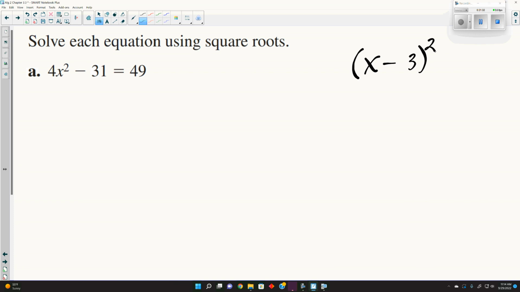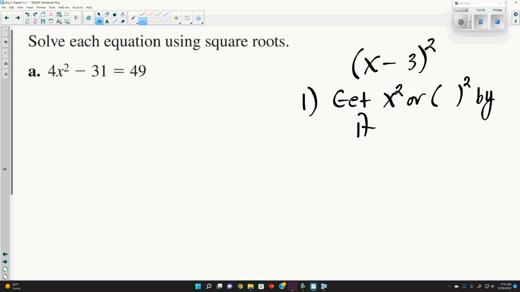The first step in the square root method is to get x squared, or the set of parentheses squared, by itself. And whenever we have a set of parentheses being squared, there's no other x term in the equation outside of those parentheses. So we want to get the x squared, or the parentheses, by itself.